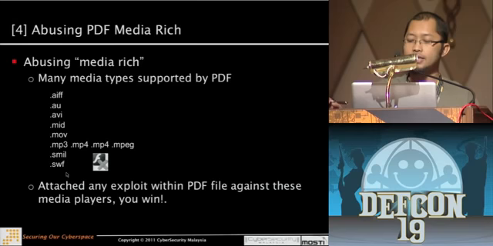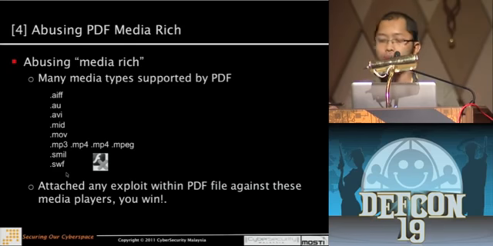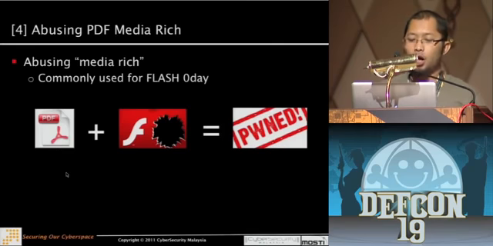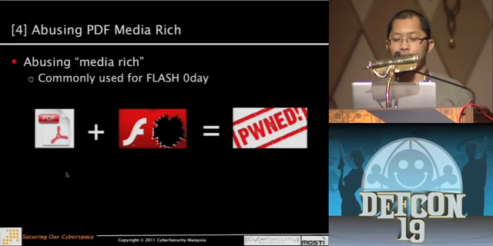So if you attach any exploit within the PDF file against this media player, well, you normally win, because people are not really suspicious about clicking on a PDF rather than clicking on an MP3 or .mov that comes over your email or something. Okay, and normally the PDF is used against a Flash 0-day.